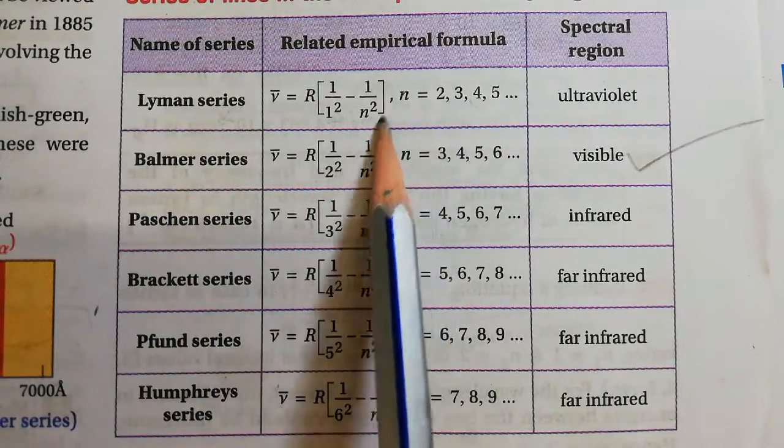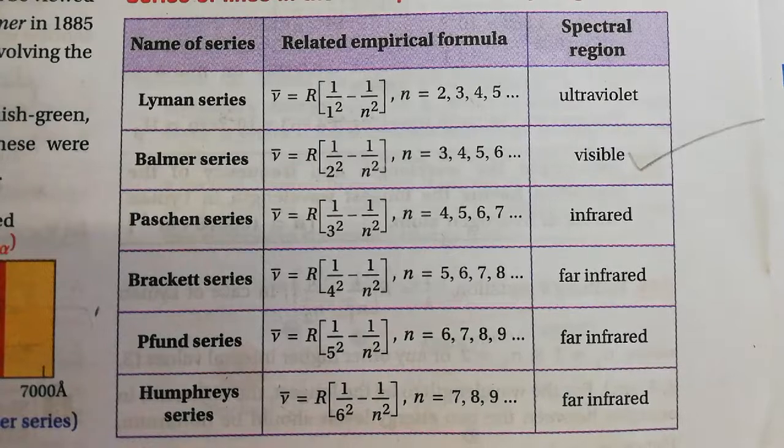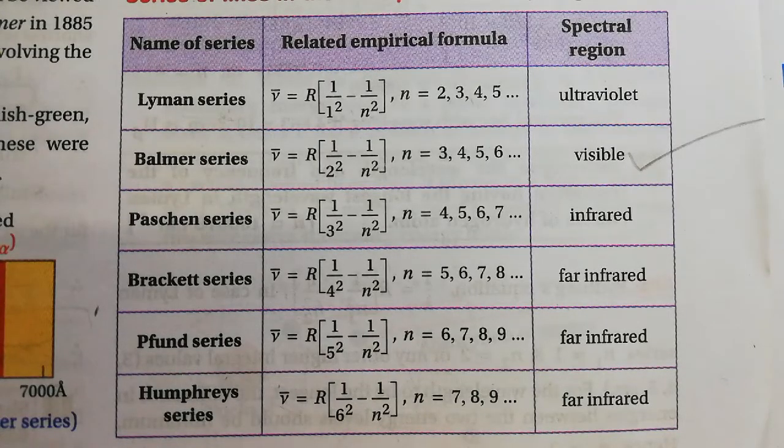So in all the series for hydrogen, they are obtained whenever an excited electron jumps from a higher shell to a lower shell.